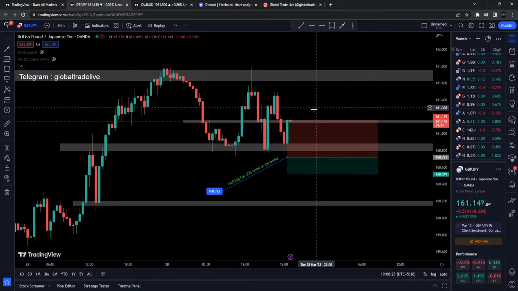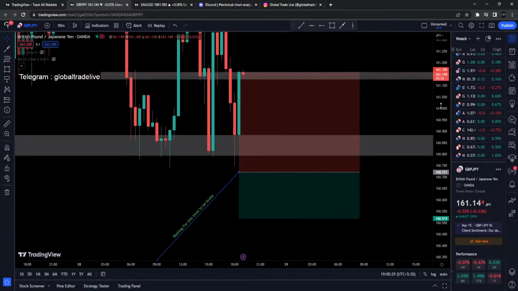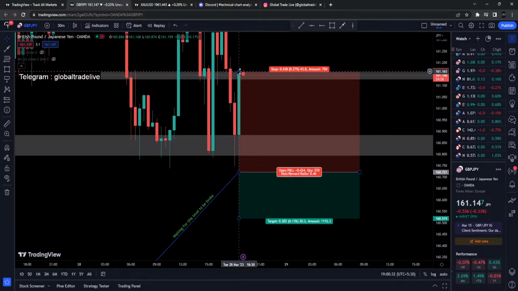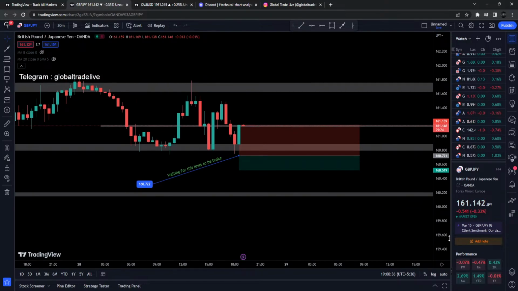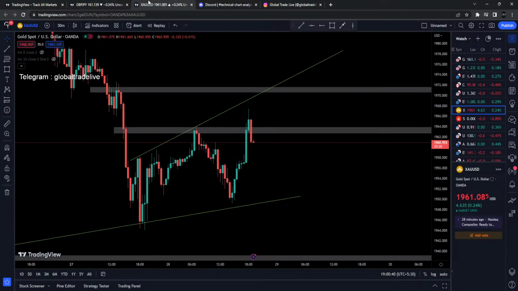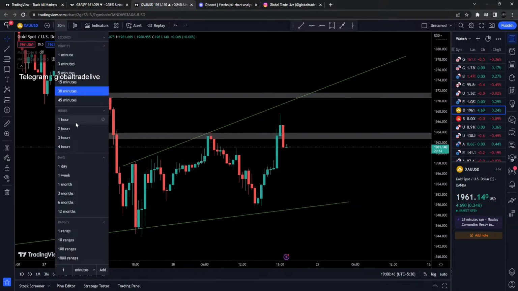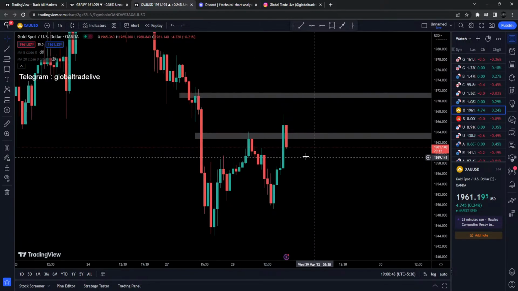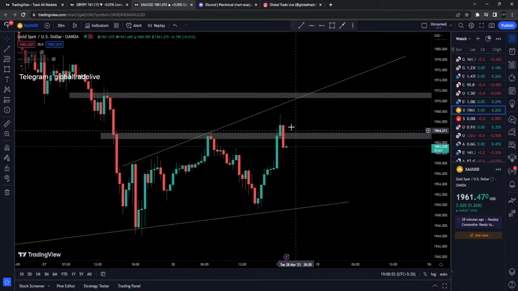So the GBPJPY 30-minute candle closed with no wick on the top, and whenever we have candles closing with no wick or a very small wick, the chance of the next candle moving up is like 50%. Okay, gold just created some fake out, a really strong close of the 30-minute candle.